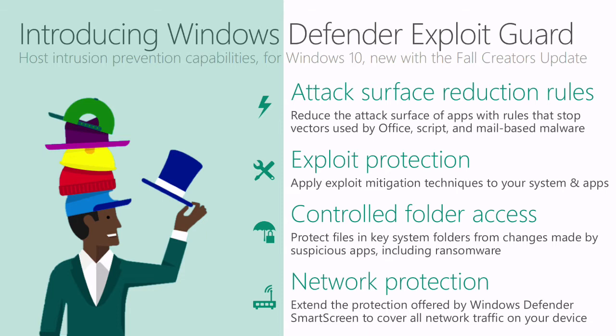And then finally, with network protection, what we've been able to do is we took the goodness of Smart Screen, now called Windows Defender Smart Screen, and we brought it all the way down the stack to cover all network traffic on your device. So all outbound HTTPS traffic. We will be blocking low-rep sites on the basis of hostname and domain with the network protection feature.